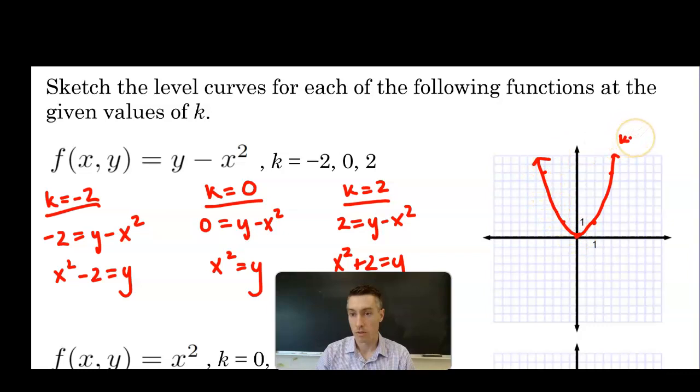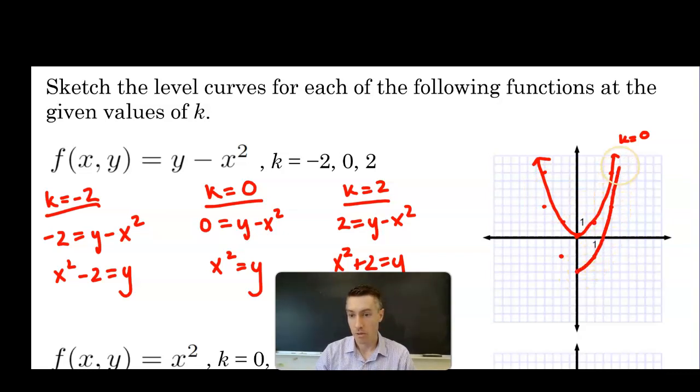So that's k equals 0. And then we have k equals -2, so down there, and basically it's a translation, so we'll just shift every point down 2. 1, 2, and then 1, 2. That does make graphing a little bit easier, thinking of it as a translation.